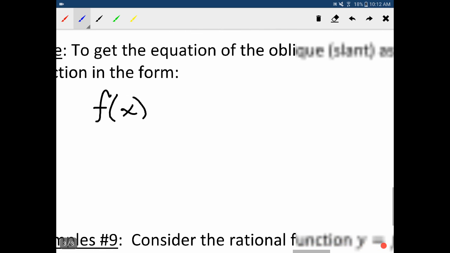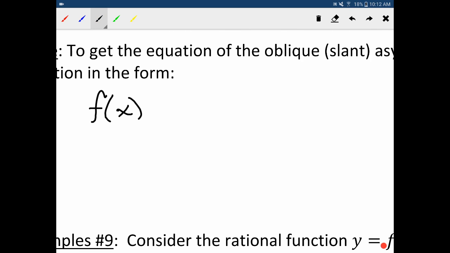All right, once you divide it, you will write out sort of your answer. So what your answer will be is it'll be some sort of mx plus b, whatever that is. And then you'll probably have a remainder. You might not have a remainder, but you'll probably have a remainder. Or if you don't have a remainder, then you're just graphing a line. Your equation's not that fancy.